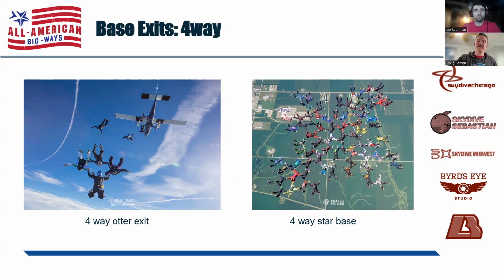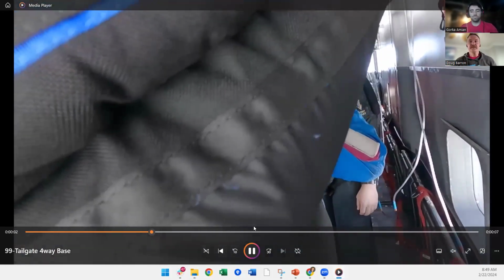That's a diamond base in that picture there, not a star base, but it's close enough. We use this in side door aircraft. We will also step a 4-way star off in a tailgate aircraft as well. And that's the video that we have here.